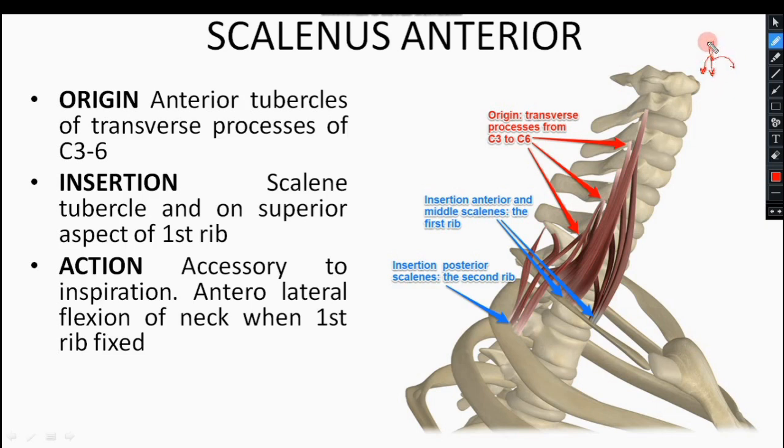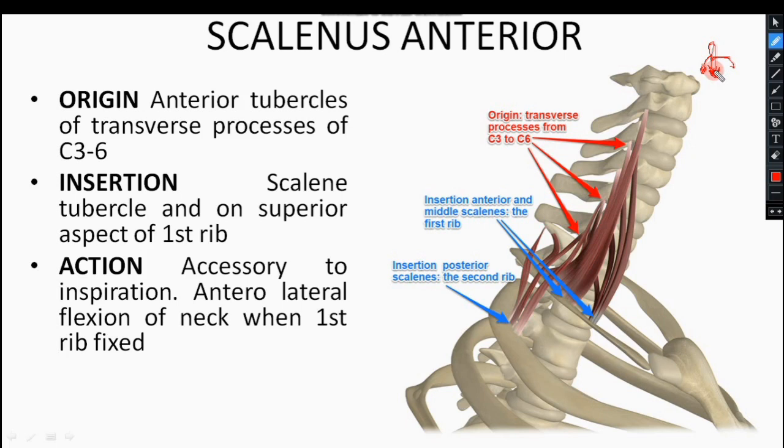This one is anterior, this one is lateral, and this is one axis, this is another axis. So this movement in this direction is anterolateral flexion of the neck.